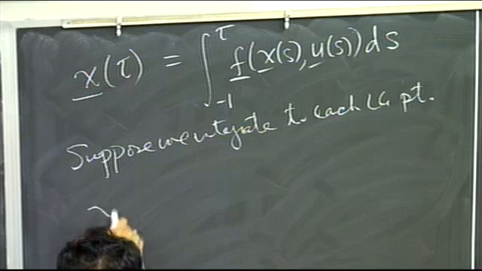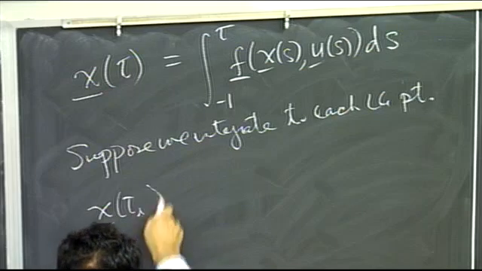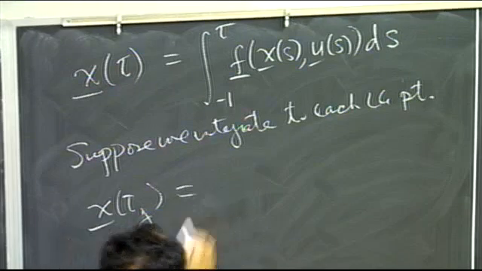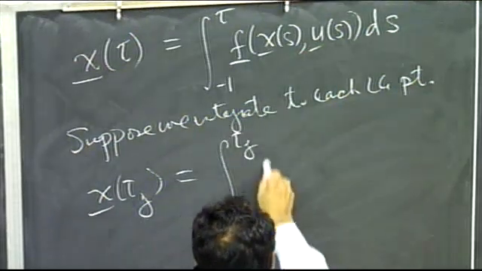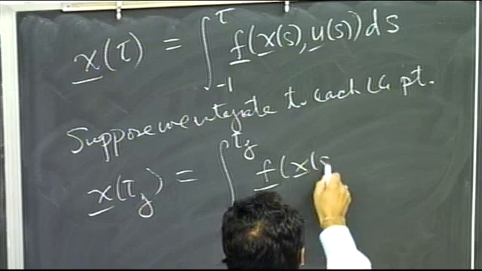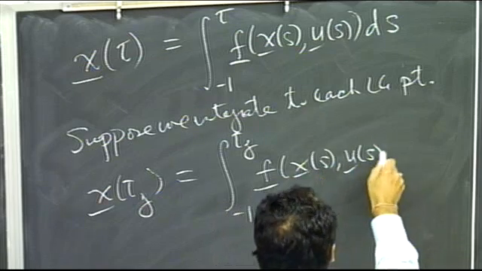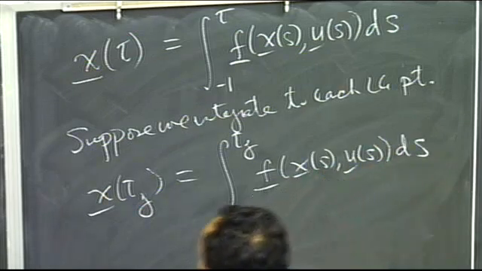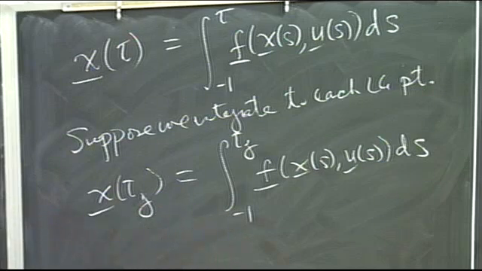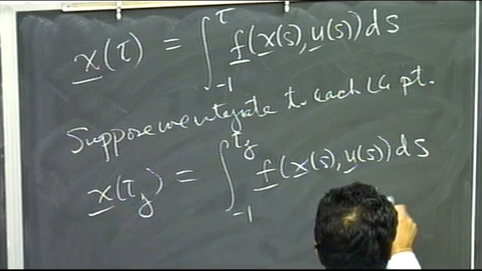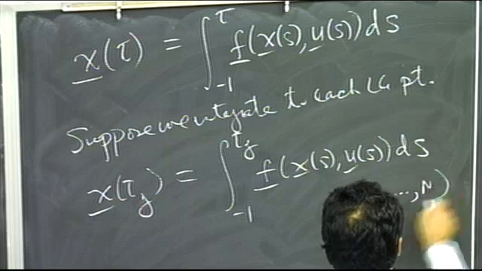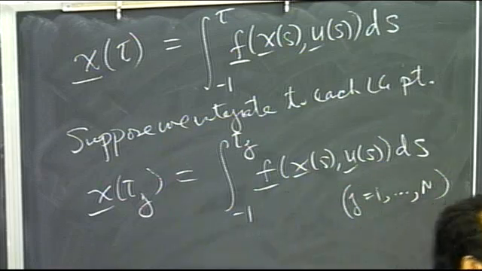So what we get is x of tau j is equal to the integral from -1 to tau j of f of x of s, u of s, ds. Now, I haven't done anything there either. I just substituted in a particular value. Now, j runs from 1 to n, and these are not just any tau j. Those are the Gauss points. So I'm going to integrate to each Gauss point.